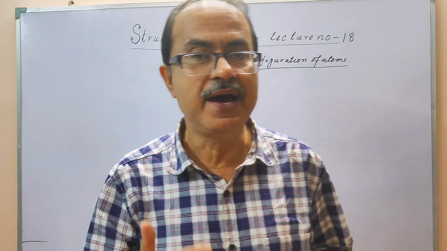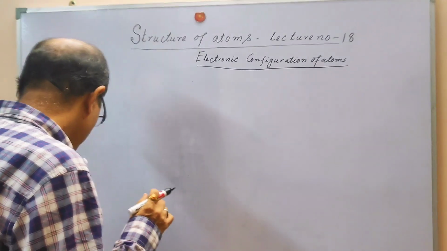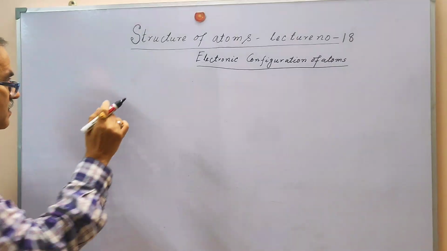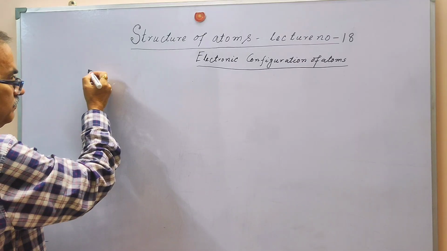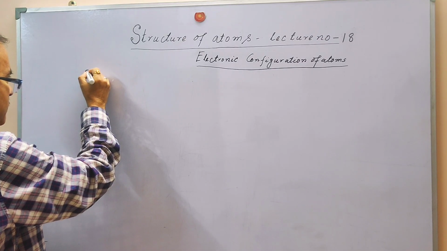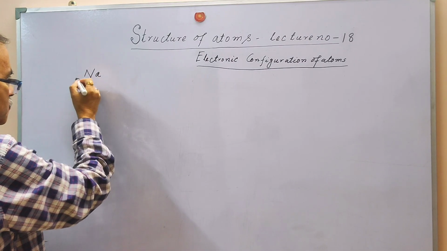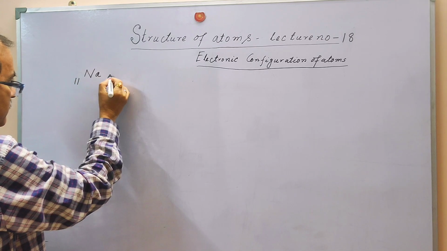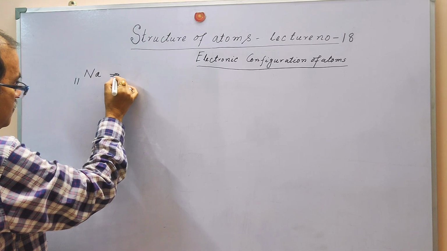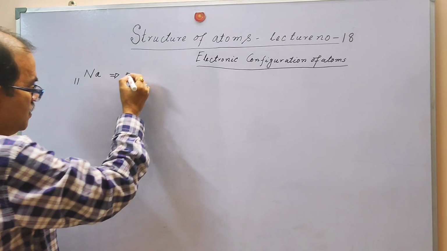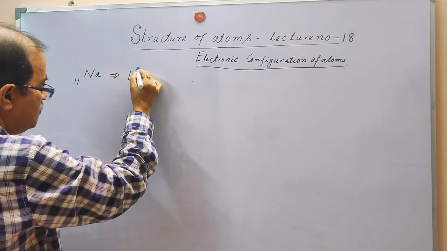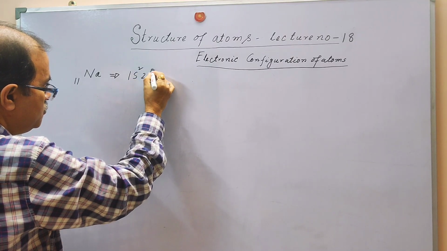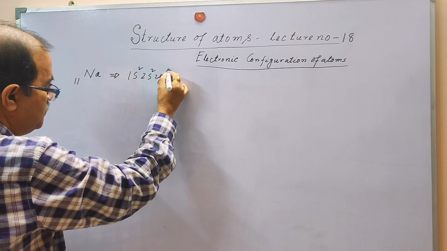Then we will again write the electronic configurations of different elements. Sodium, we know, has atomic number 11, so its electronic configuration will be 1s2, 2s2, 2p6.